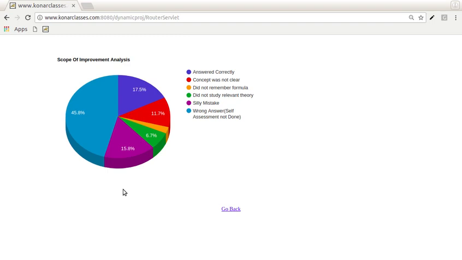For a particular chapter, if you see that a lot of silly mistakes are happening, then you should concentrate on correcting that. For some other chapter, if you see that most of your questions went wrong because the concept was not clear, you need to clear those concepts. For some chapter, if you find that most questions went wrong because you didn't remember the formula, then you need to concentrate on remembering the formula.